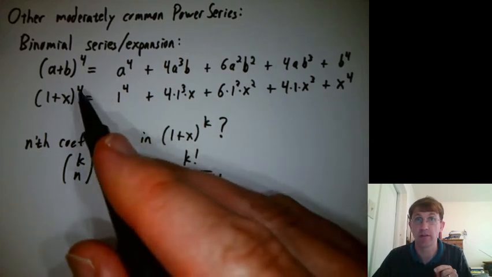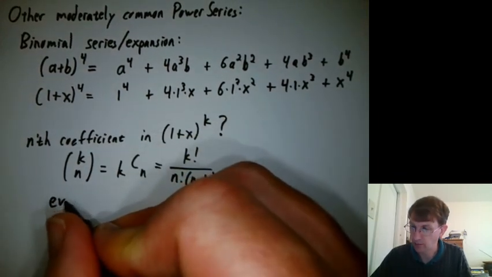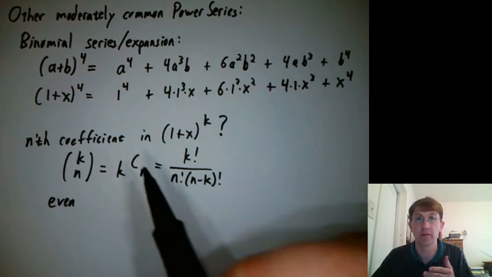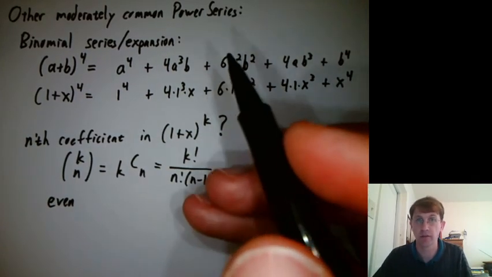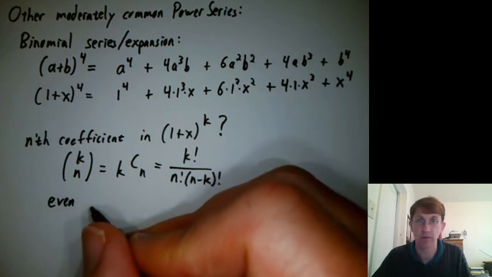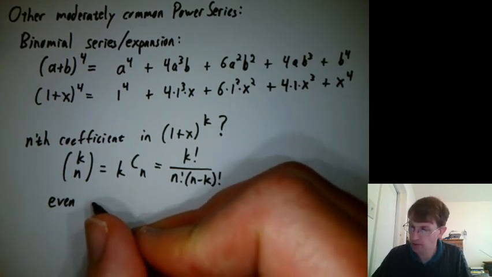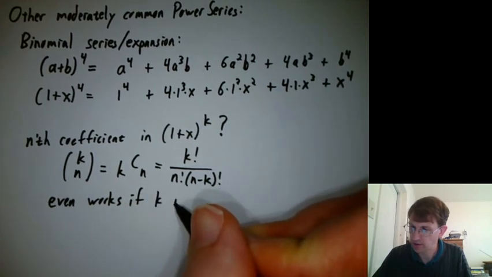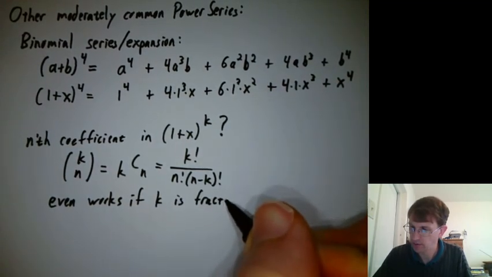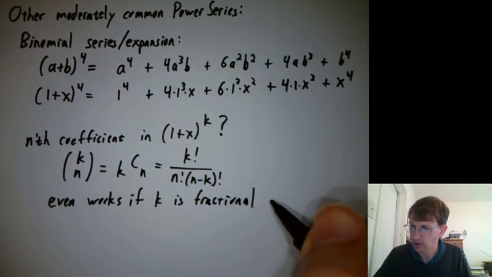So you don't even have to have an integer there. You could have 1 plus x to the 1/2 if you wanted to take a square root, or negative 1/2 if you wanted 1 over the square root, which happens reasonably often in physics problems. So this even works if k is fractional, if you're careful.